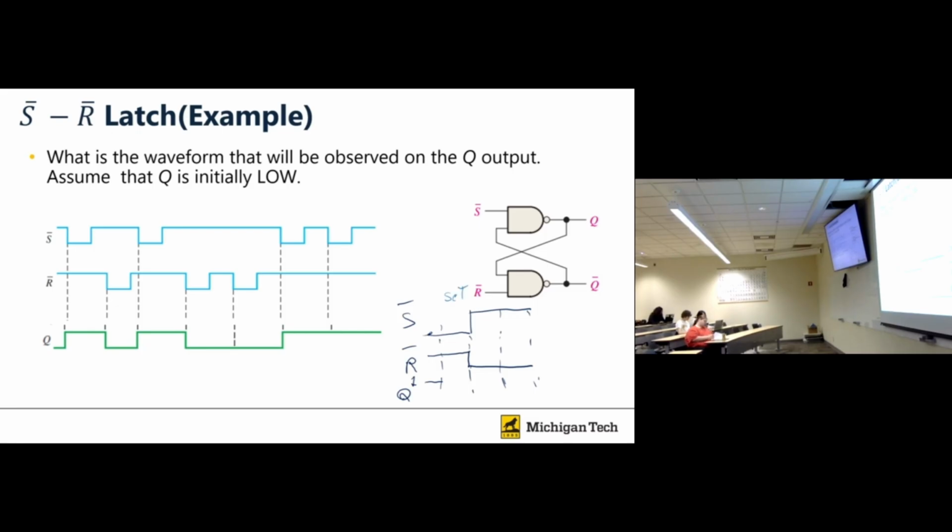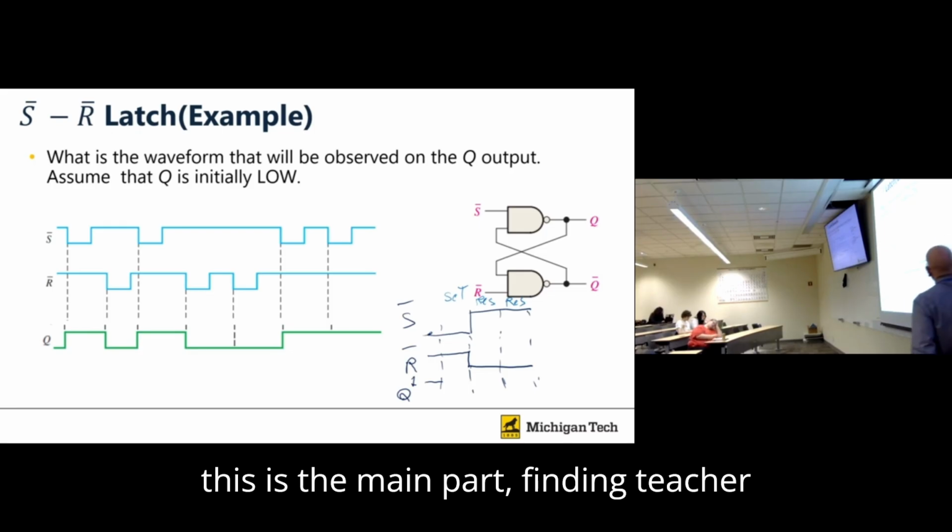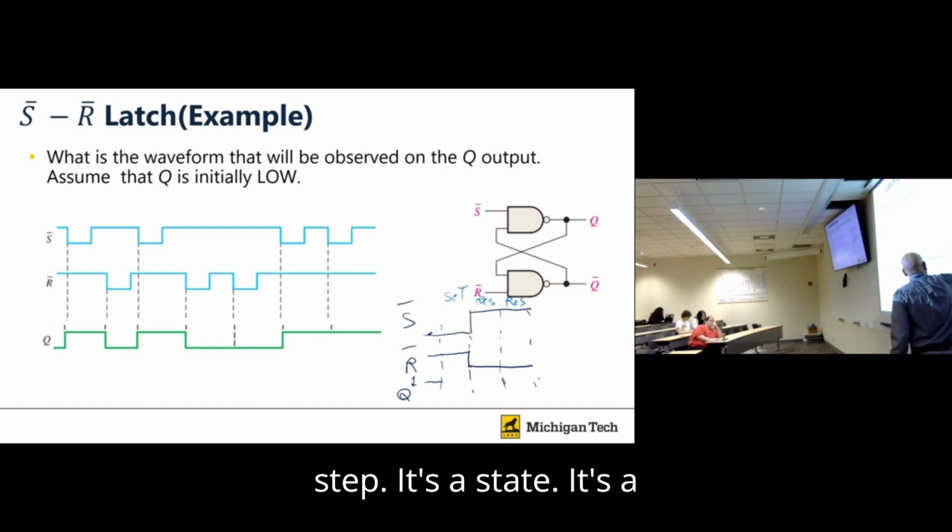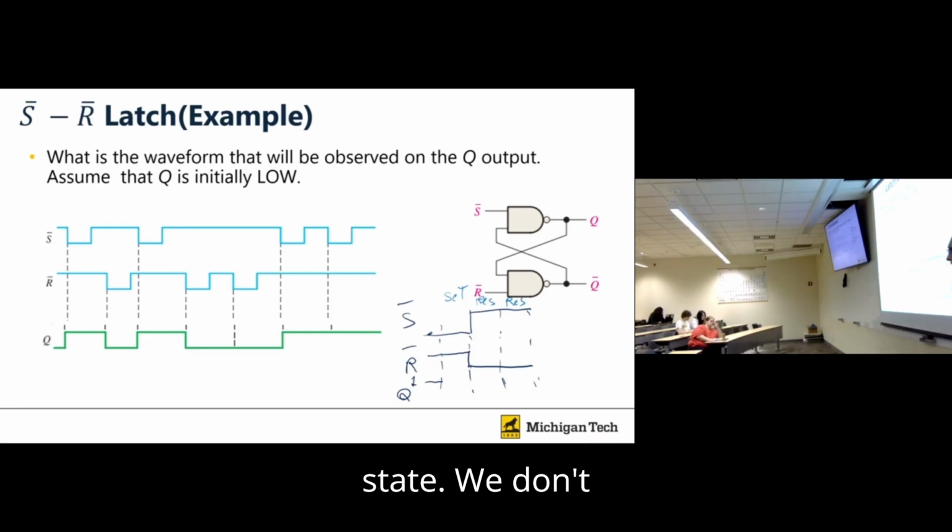And this is reset. This reset. No memory. So this is the main part: finding which state is set, which state is reset, and which state is memory.